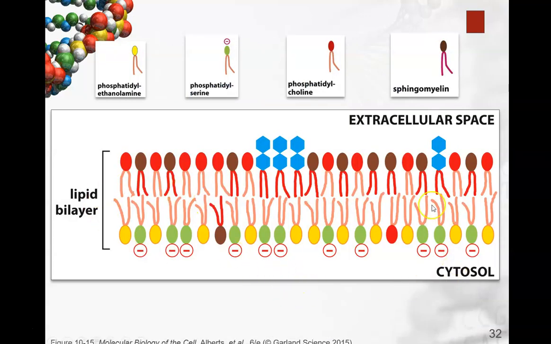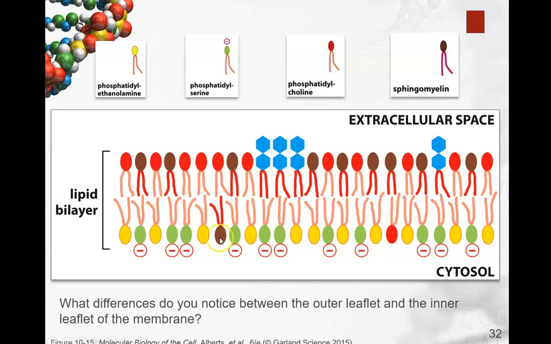If we were going to look at a membrane, again, this is still not a membrane because we would have proteins as part of this, but I haven't added the proteins yet. But we do see in the membrane that the outer leaflet and the inner leaflet are not the same, that membranes are asymmetric. If you look at our key here, you can see that phosphatidylcholine and sphingomyelin are largely found in the extracellular leaflet that faces the extracellular space.